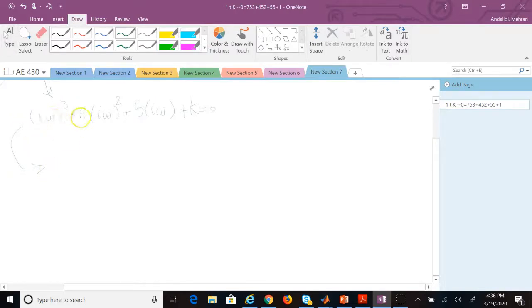It's going to be i cubed omega cubed plus 4 i squared omega squared plus 5 i omega plus k is equal to 0. Based on complex numbers, we know i squared is negative 1, and i cubed is negative i. And so now this is negative i omega cubed, this is negative 4 omega squared, this is 5i omega, this is k.